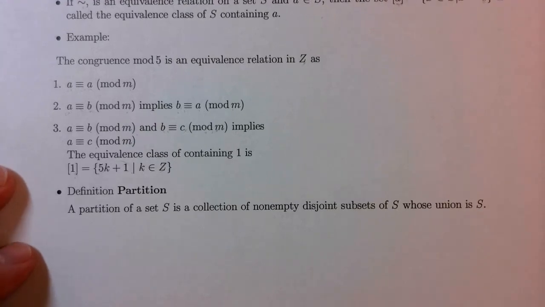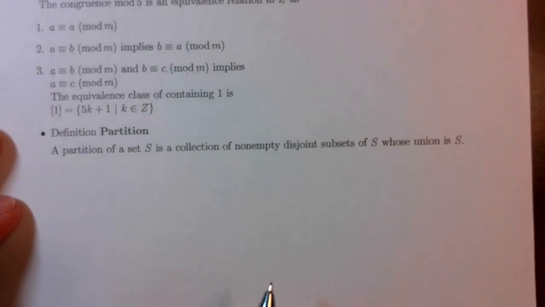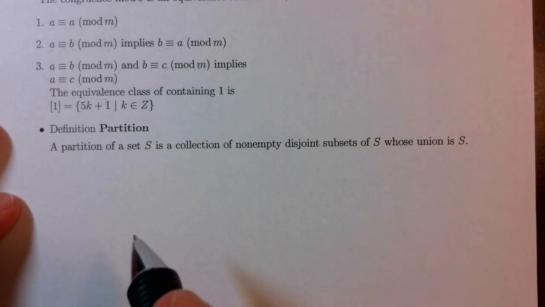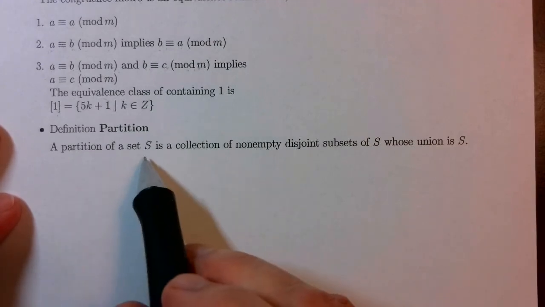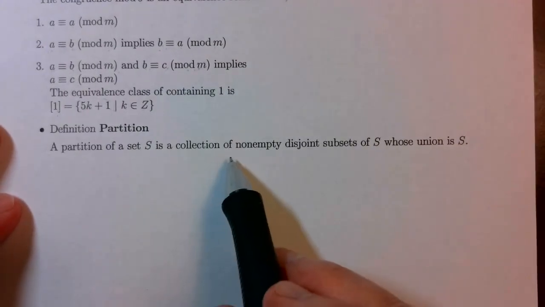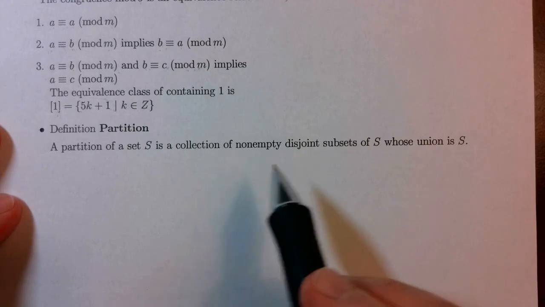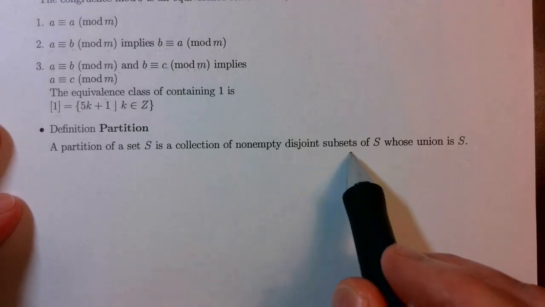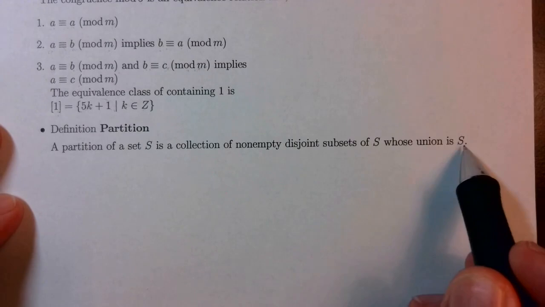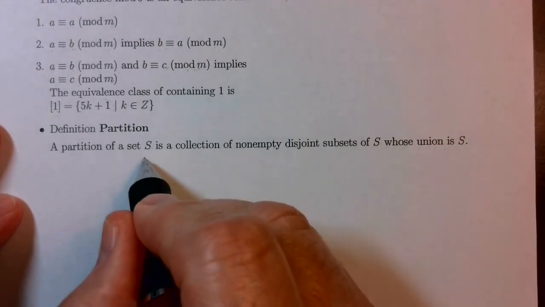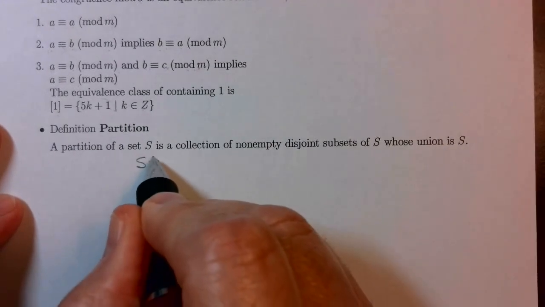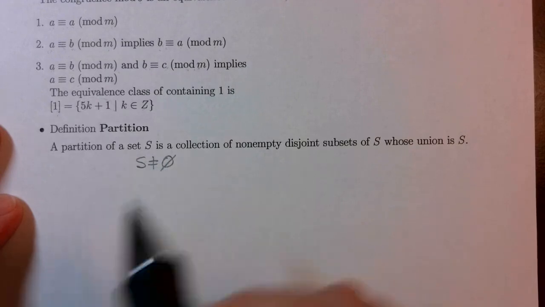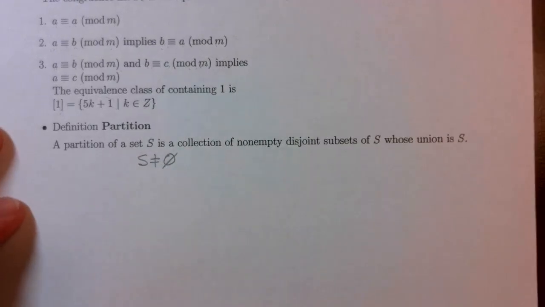The next topic here is a partition. A partition on a set S is a collection of non-empty disjoint subsets of S whose union is S. Of course, here S must be non-empty from the beginning.